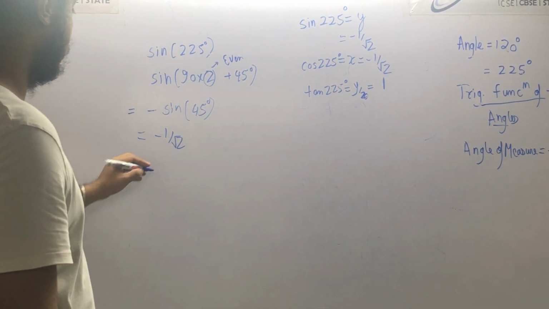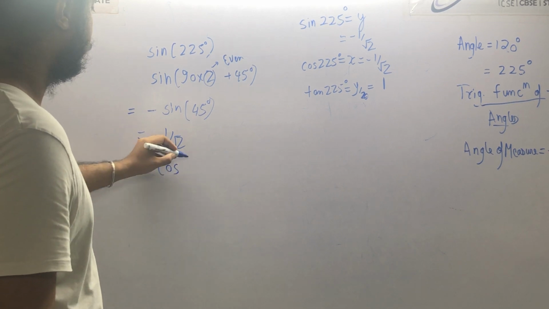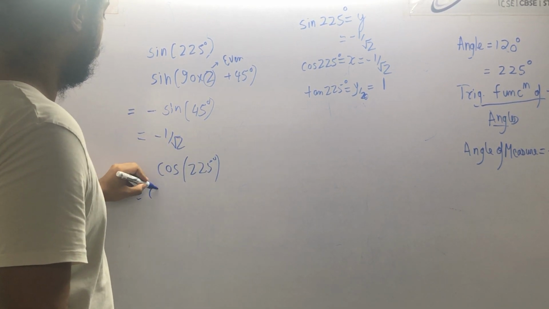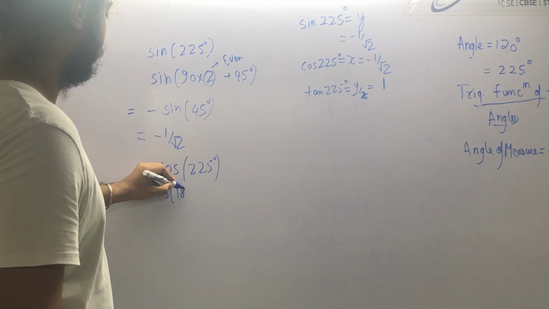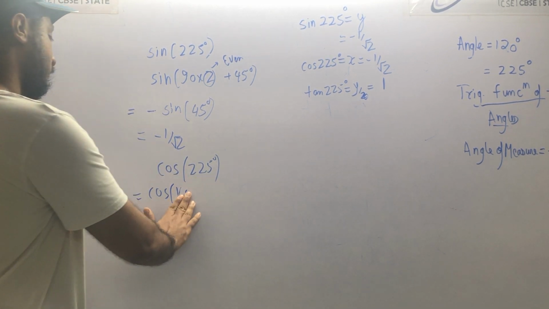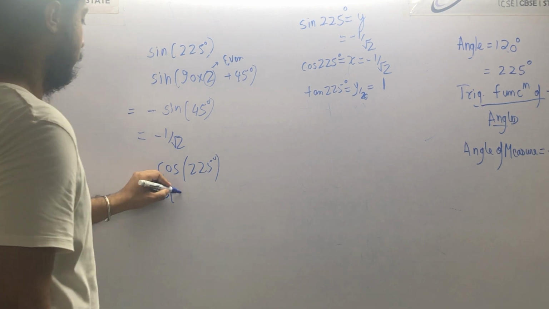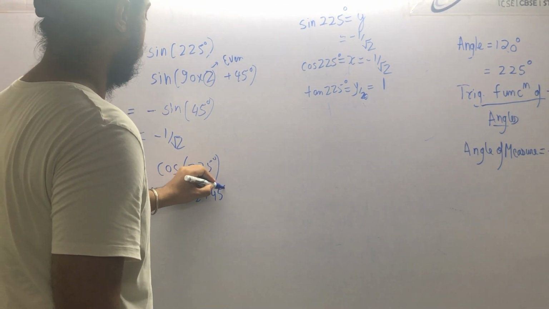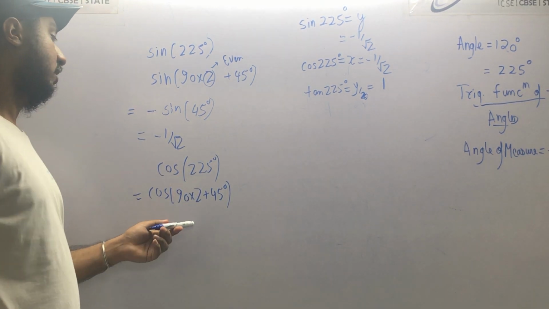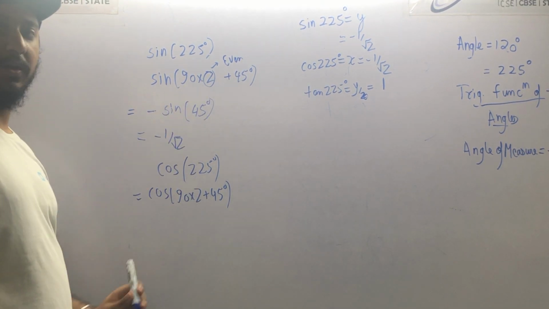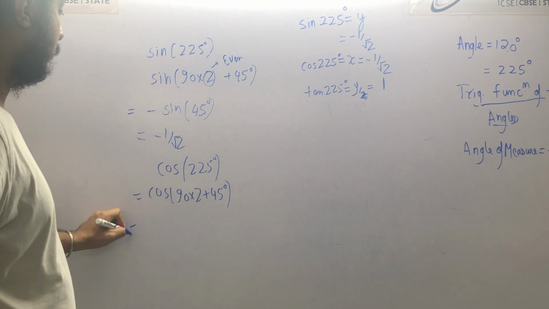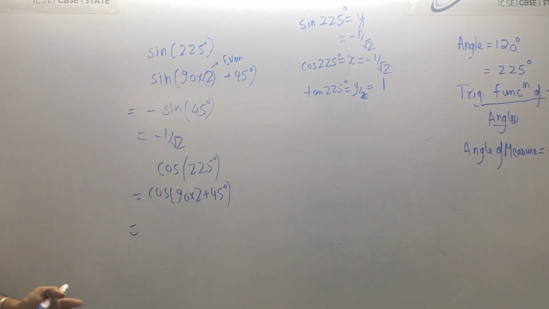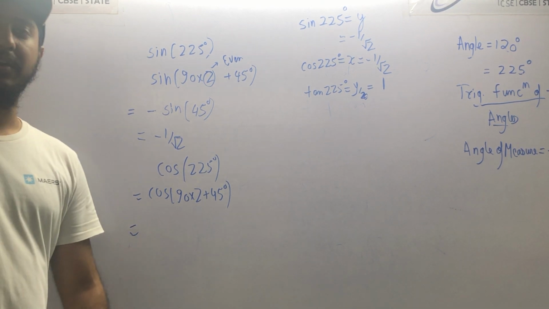Next thing, cos 225. This is cos of 90 into 2 plus 45. Same way you can split. Now this is the third quadrant, as we concluded earlier. In the third quadrant, what is the sign of cos?